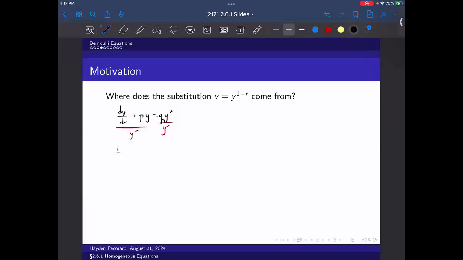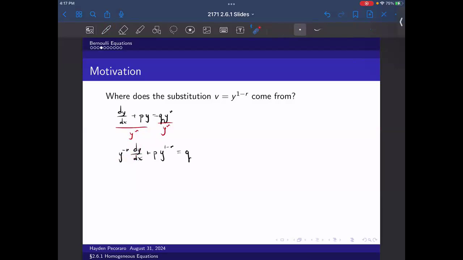So what does that give me? Well, now I have, let's write it as y to the minus r dy/dx plus p times y to the 1 minus r equals q. And that y to the 1 minus r is sort of a hint that something should happen with 1 minus r over on the derivative side as well.